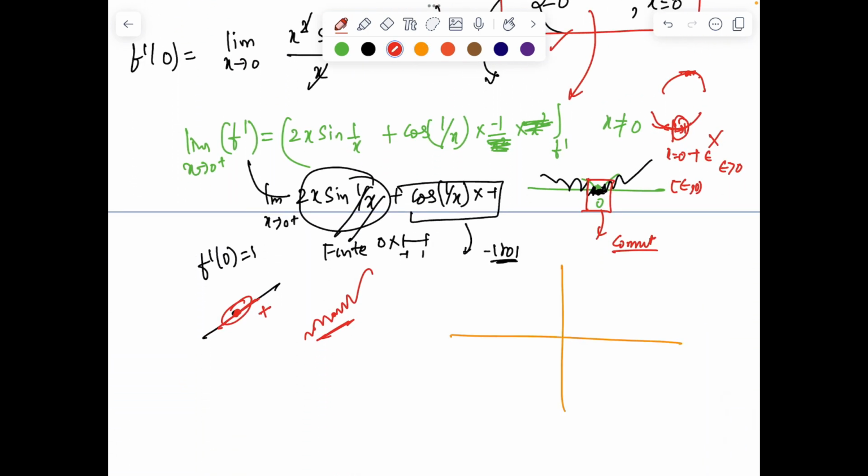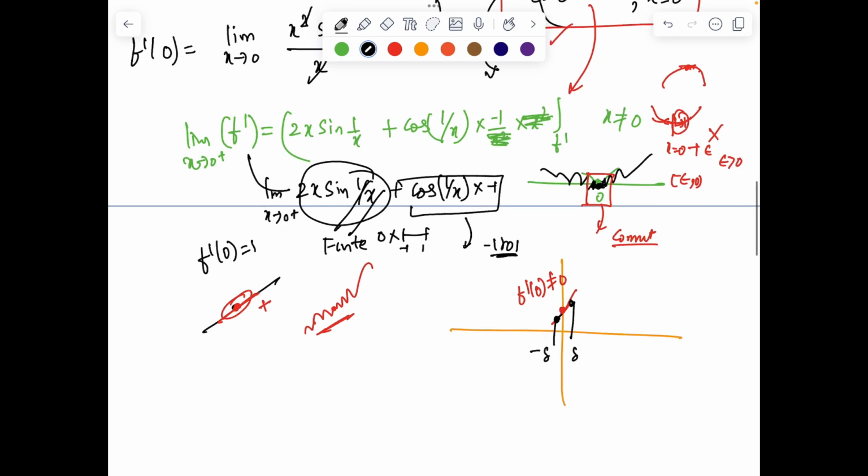Hence I can tell that since at any point f dash 0 is non-zero, if I take a small vicinity of that, symmetric or not symmetric, let's say minus delta to delta, and apply the mean value theorem in this interval, I can tell that f of delta minus f of minus delta, divided by 2 delta, is some f dash zeta.